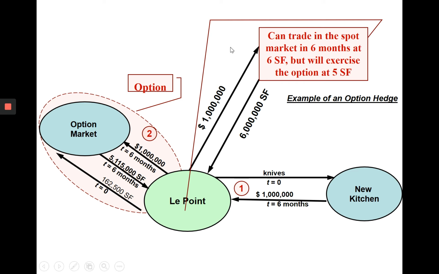Now imagine that we are in scenario 2 that we considered before. Swiss franc is 6 against dollar. Now if we give our $1,000,000 to the spot market 6 months from now, we receive 6,000,000 Swiss francs. We could simply throw this option in trash, that gives us the right but no obligation to give our $1,000,000 and receive 5,115,000 Swiss francs for it.